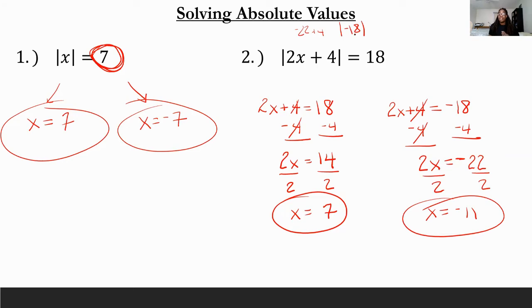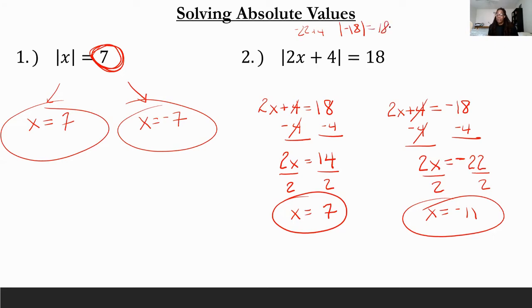So remember what we said about absolute values. It's the distance away from 0. So negative 18, that means it's all the way over here. If this is 0, okay, about here, this is negative 18. I am 18 steps away from 0. So that means the absolute value of negative 18 is 18.